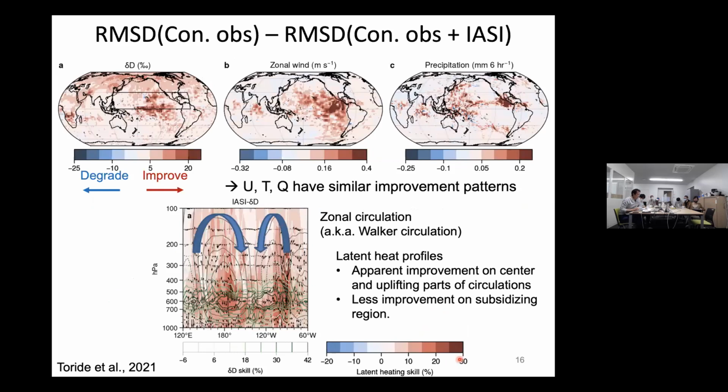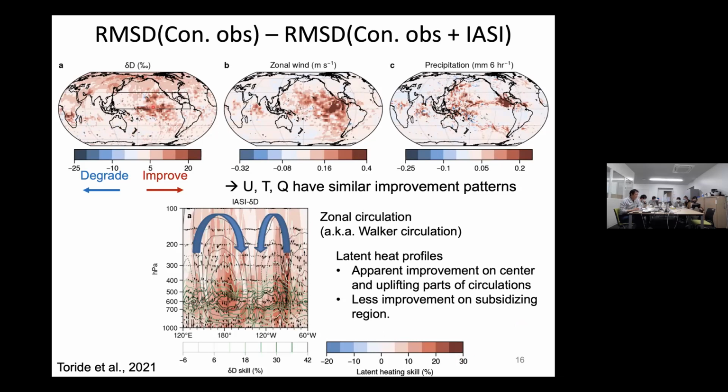So, okay, the results. From now on, I'm going to show some maps, and the impacts are shown by red and blue. The red color here is improvements by having isotopic information. Delta D is shown in the left-hand side figure, and there is an impact over the east side of the Pacific.